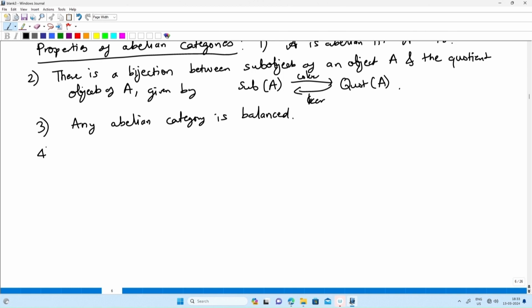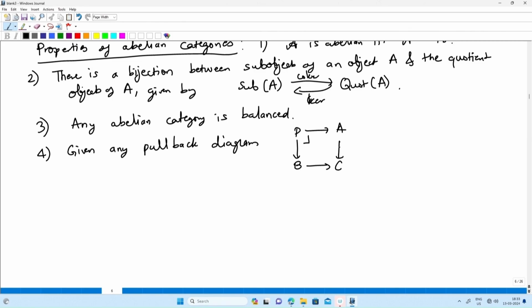There is a fourth property which I am going to state now. Given any pullback diagram, let me call it P, then A, B and C. This is F, G, K and H, with F epi.